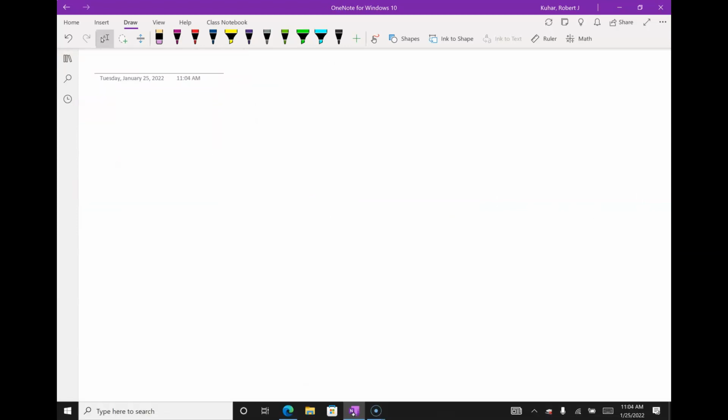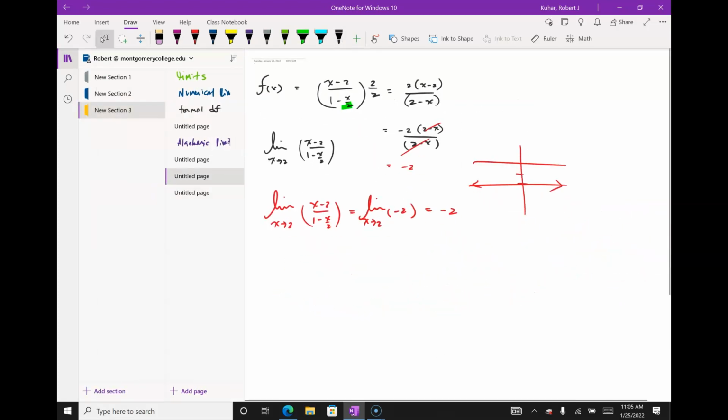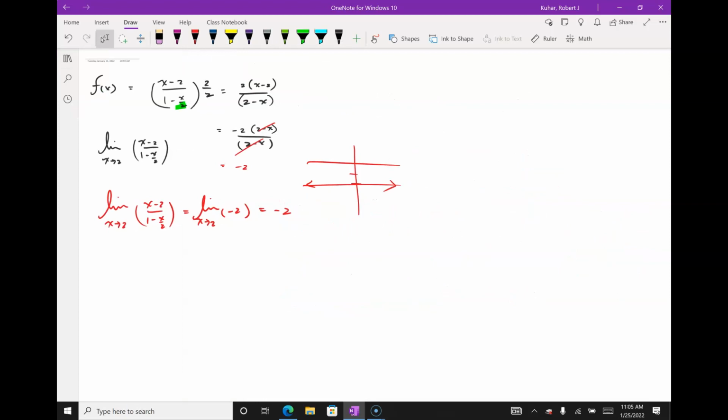So let's do another one with a fraction, okay? Yes, because what is a constant? It's a height. And what is a limit? A height.